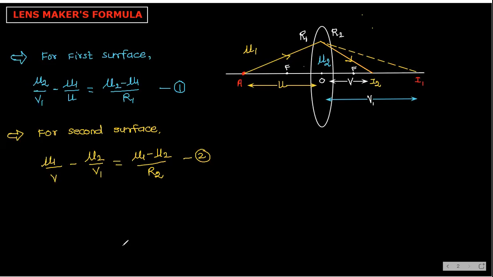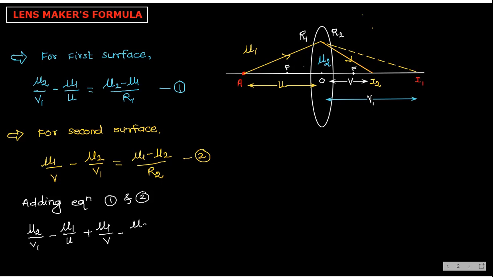Adding equations 1 and 2, see, this side I am adding first: mu2 by v1 minus mu1 by u plus mu1 by v minus mu2 by v1 is equal to, on this side, mu2 minus mu1 by r1 plus mu1 by r2 minus mu2 by r2. I have separated the denominators also.